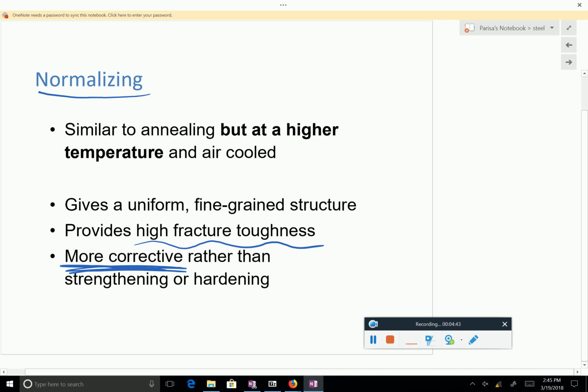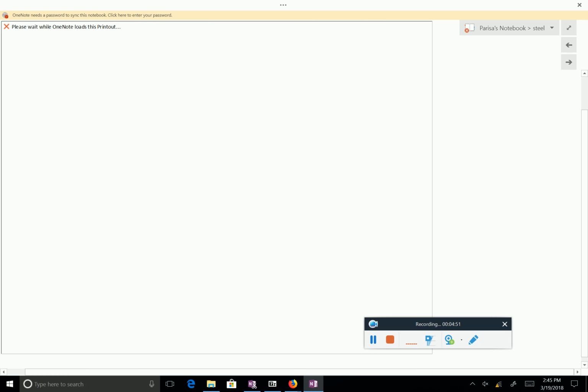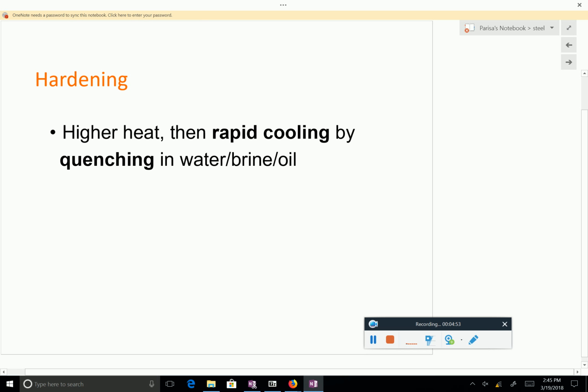And then the opposite of annealing is hardening or quenching. So take 30 seconds and write down what you think happens after quenching. There you cool down the material very fast. Grain size, what happens? Toughness decreases.